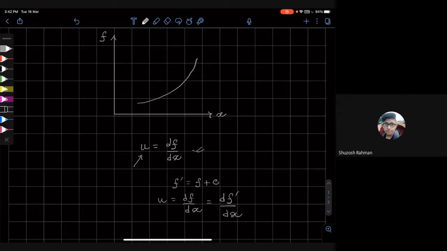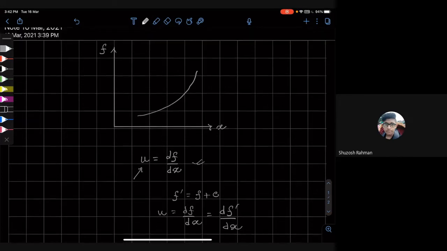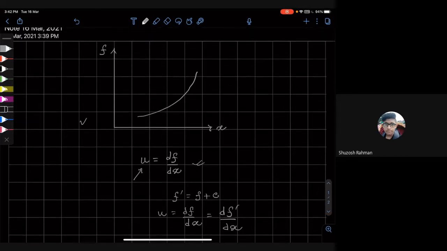So if you are given the value of f for a value of u, then it's not going to give us a unique result. We won't be able to reconstruct f uniquely from it. So for this particular example, let's just look at what the function f may look like as a function of u.